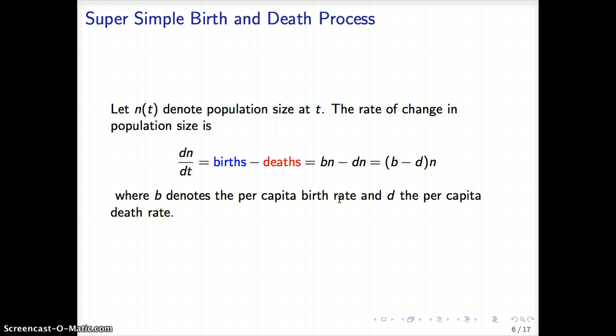And then we would say B denotes the per capita birth rate, and D denotes the per capita death rate. And by writing these expressions, we're saying that each of these processes, the birth process and the death process, is proportional to the total population size. Okay, we'll keep this in mind because what we're going to see next is going to relate to this very simple formulation.